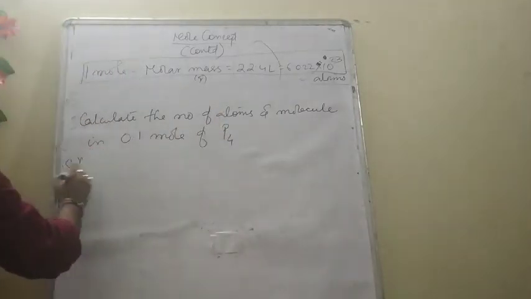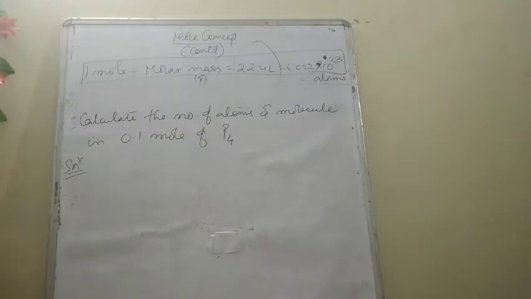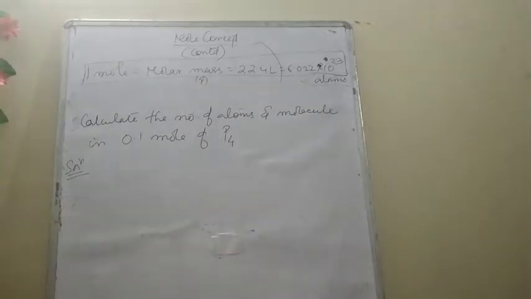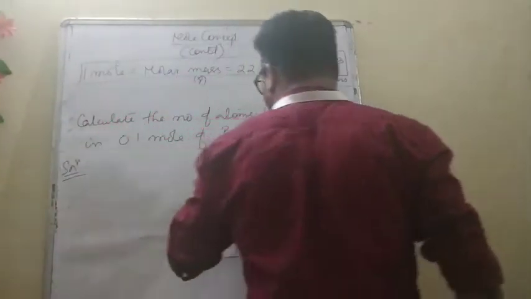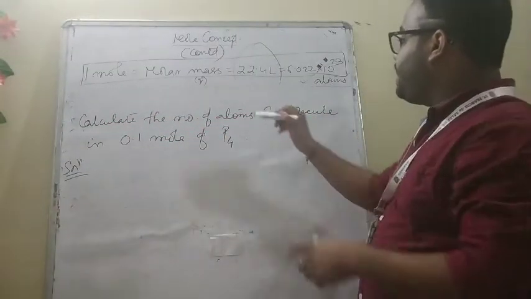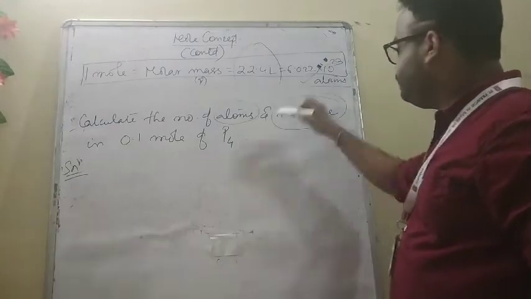This was last class का question. Now calculate the number of atoms and molecule in 0.1 mole of P4. Okay. So the question is calculate the number of atoms and molecules in 0.1 mole of P4.